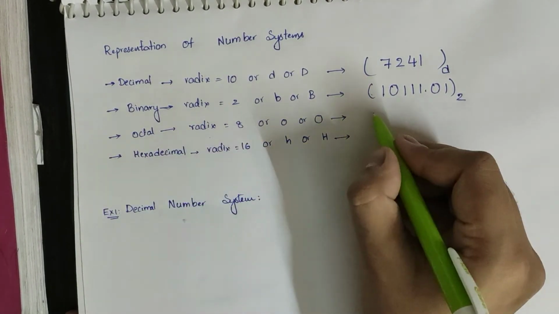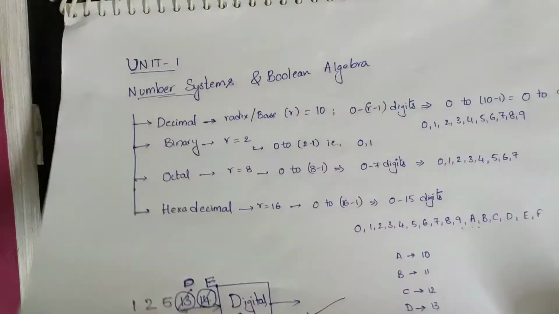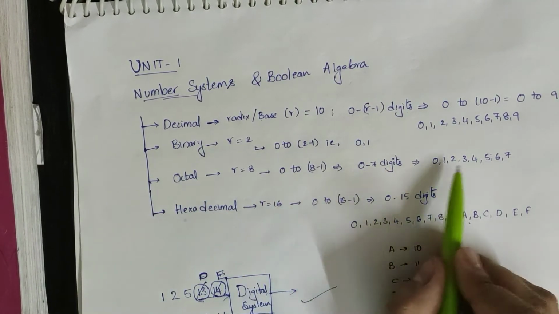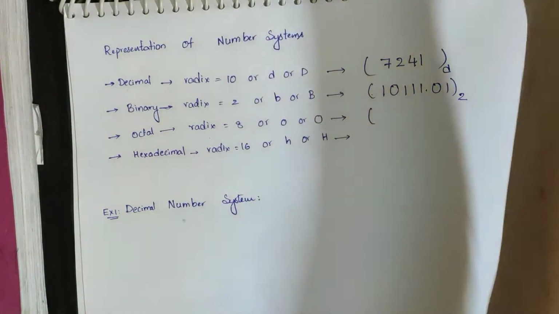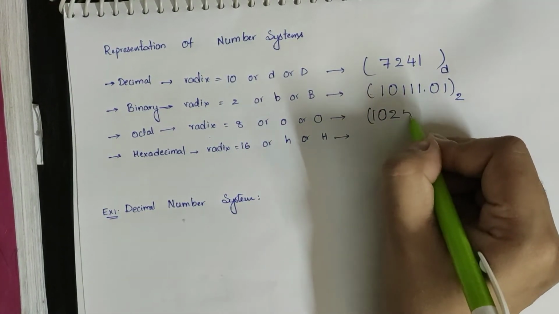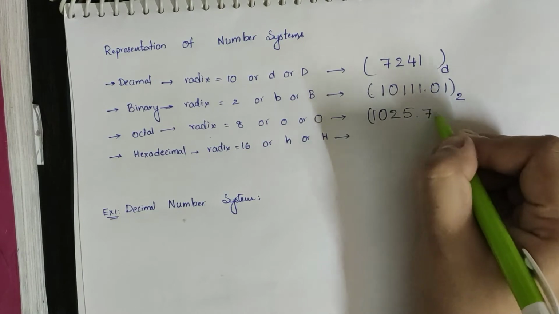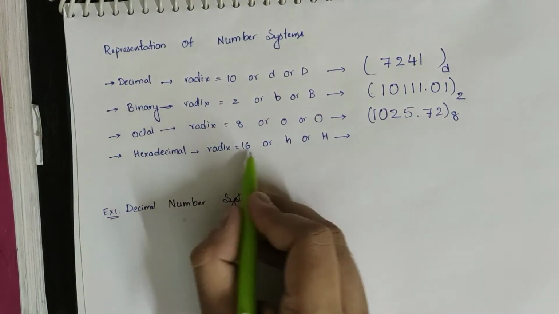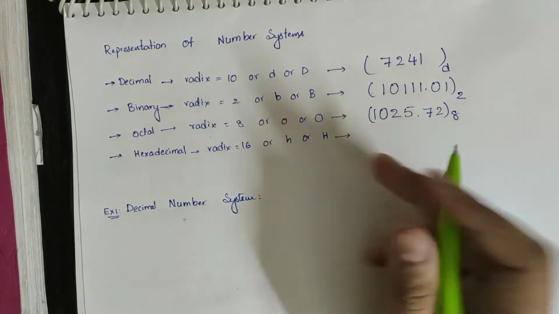Then the octal number system, you must be very careful while taking the octal number system, because it will have 0 to 7 numbers only. So any number like 1025.72 is of base 8. Hexadecimal number system, the radix is 16.